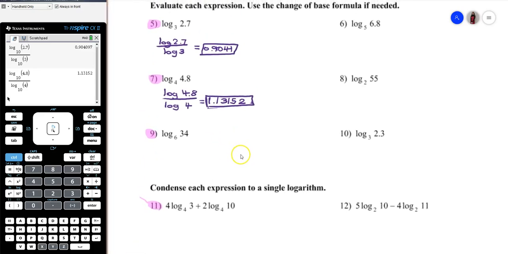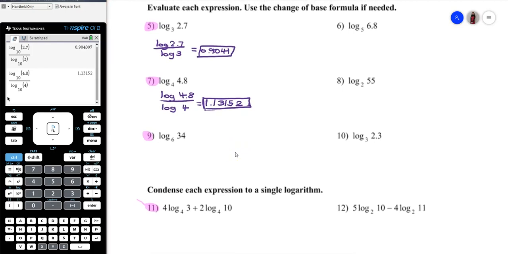Now on number 9, we don't have a decimal, but I know 6 squared is 36, not 34. So we're not going to be able to find this log easily, so we'll use the change of base. So log of 34 over log of 6. Same thing again, calculator.